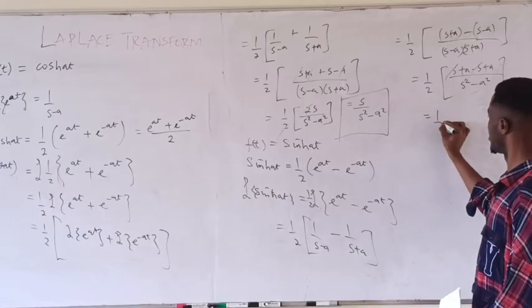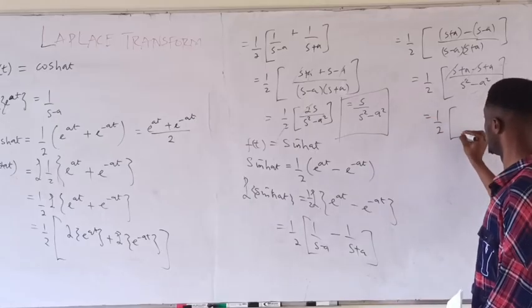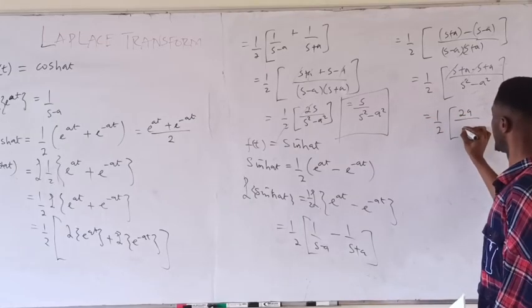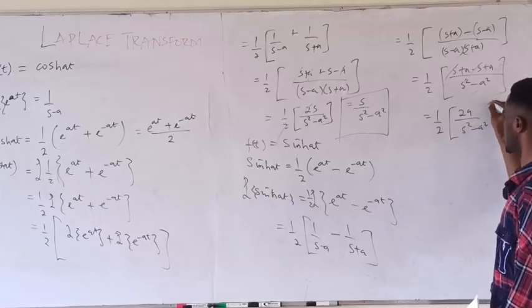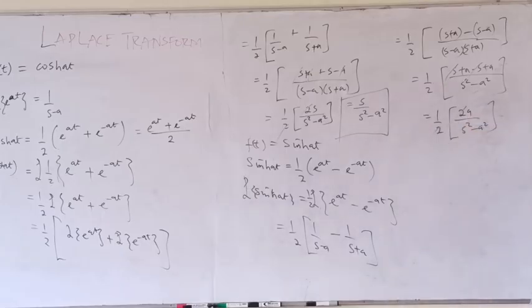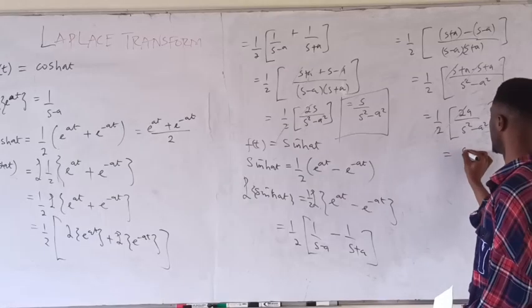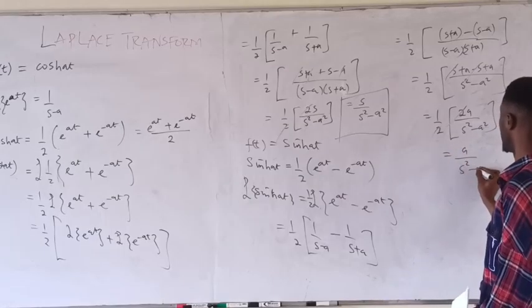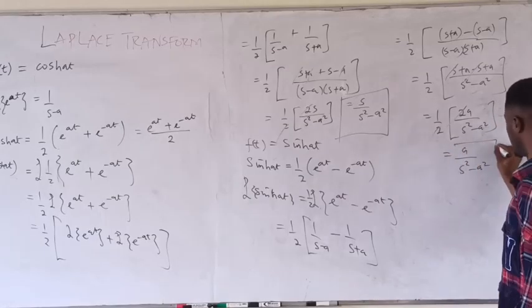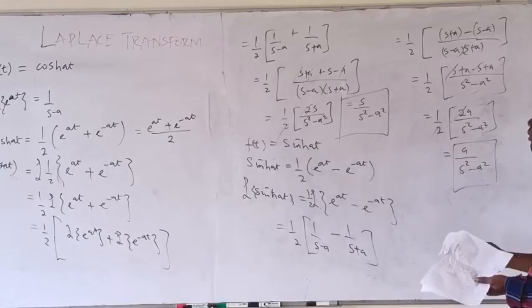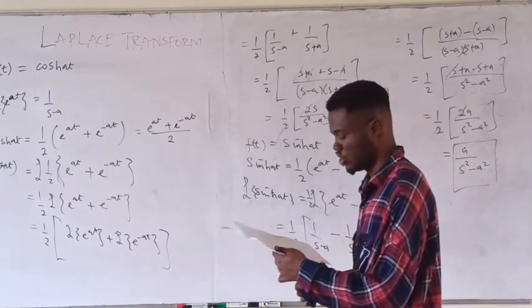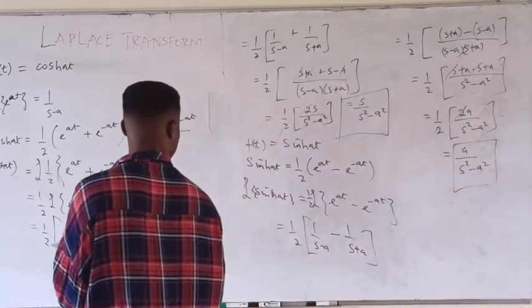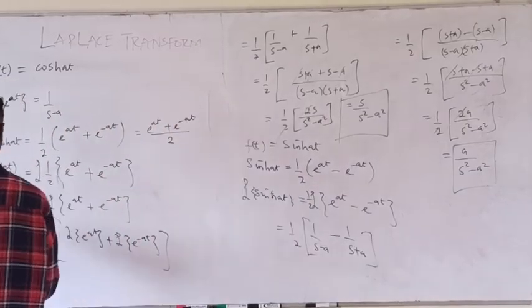So I have 1 over 2 into 2a divided by s squared minus a squared. Of course 2 cancels 2, so what I have left is a over s squared minus a squared. This is the value of the Laplace of sinh at.